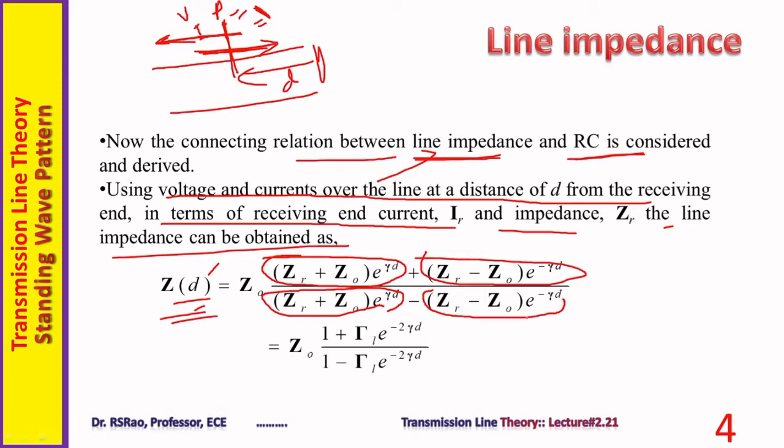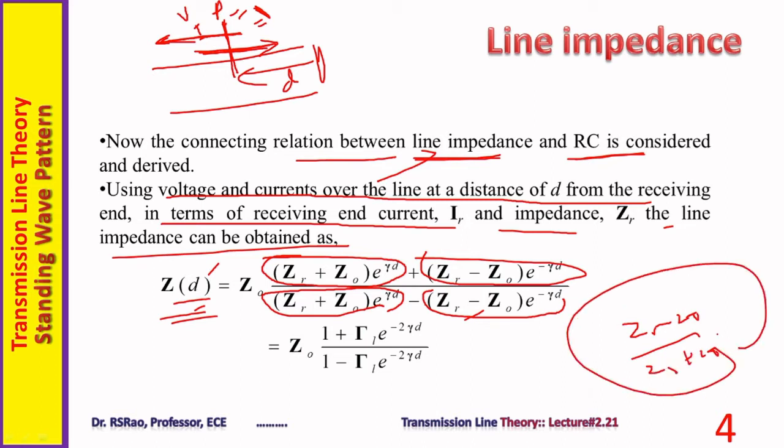Now, you can do a little bit of manipulation. Divide both the terms by ZR plus Z0 e^(gamma d). Then what happens? 1 plus (ZR minus Z0) by (ZR plus Z0). Similarly here also, (ZR minus Z0) by (ZR plus Z0). This is the expression for reflection quotient over the load.